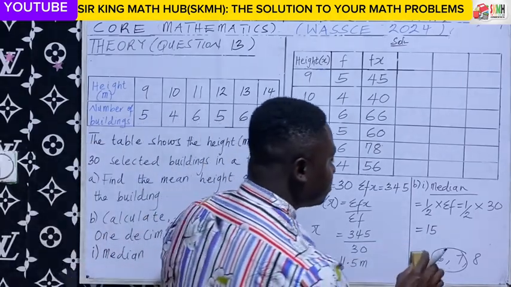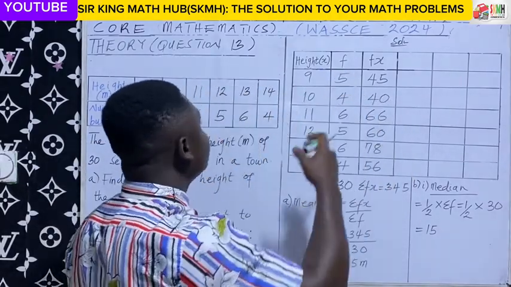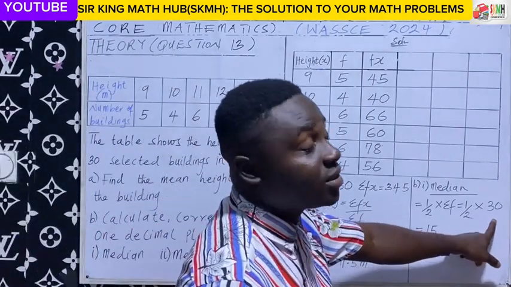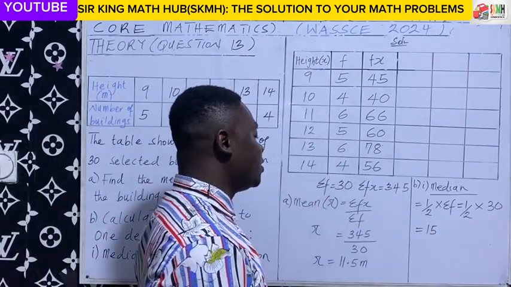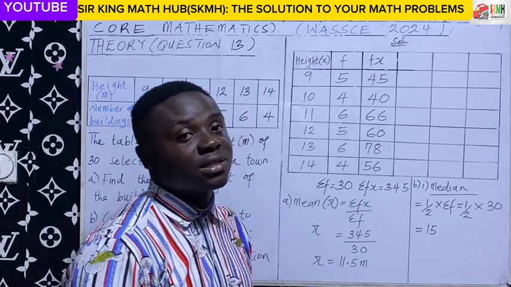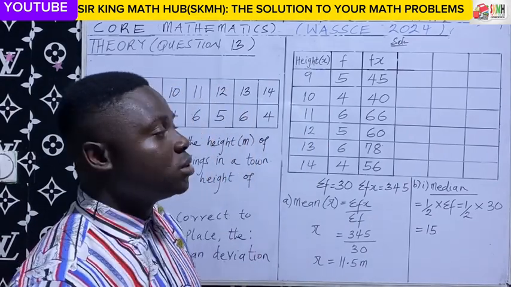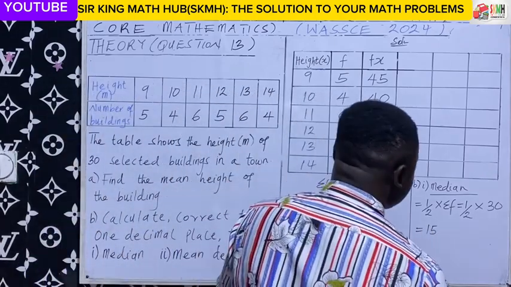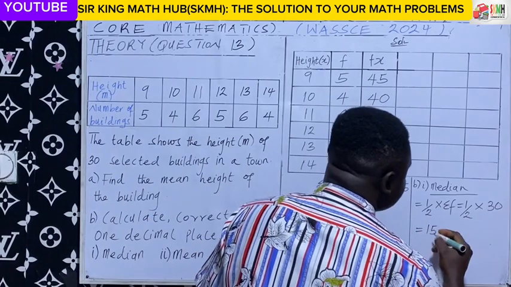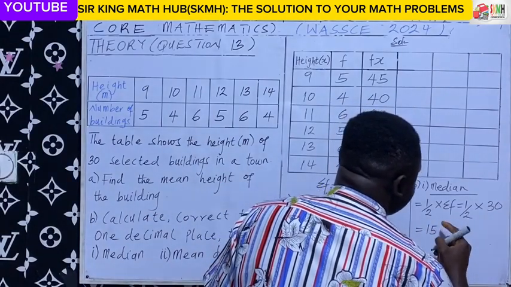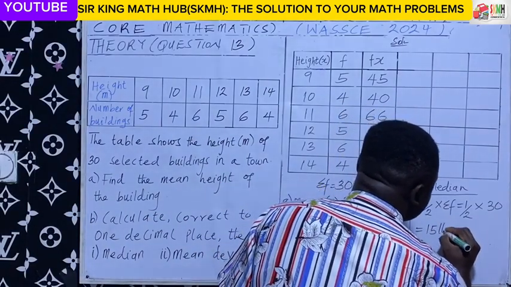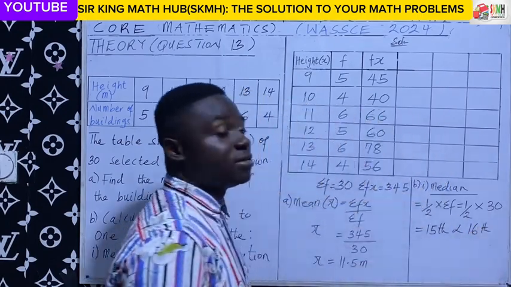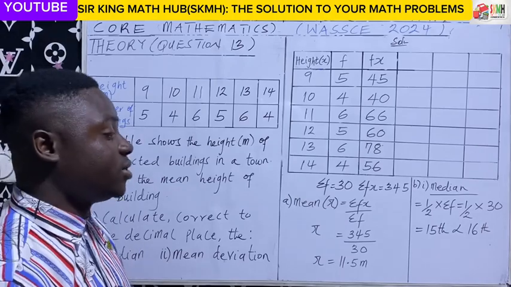As you can see, we have 30 different buildings, so that means we will have two buildings as the median. So we can conclude that the median will be located at the 15th and the 16th position.